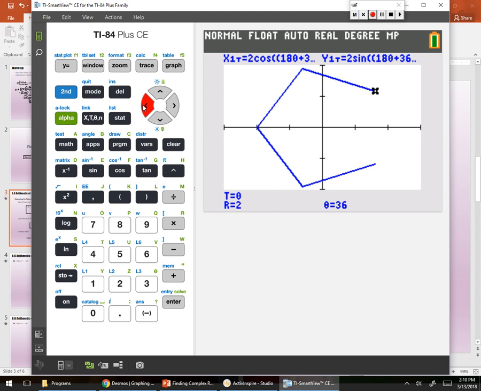When you're ready, go on to number 4, and when you're ready, go on to number 5, and see if you can adjust what we've just done, see if you understand it well enough to modify it for a completely different problem. You go to second zoom, to the format menu, and choose polar GC.